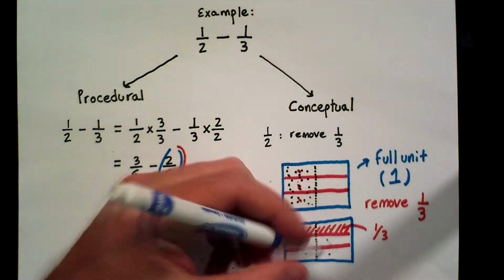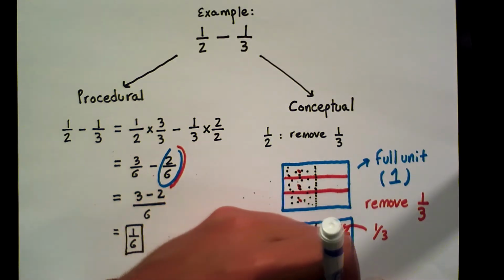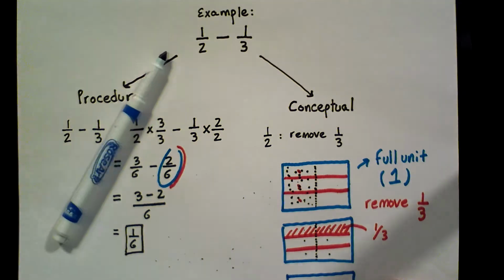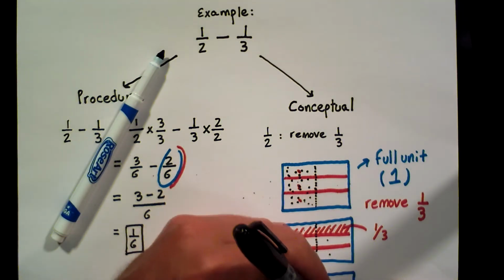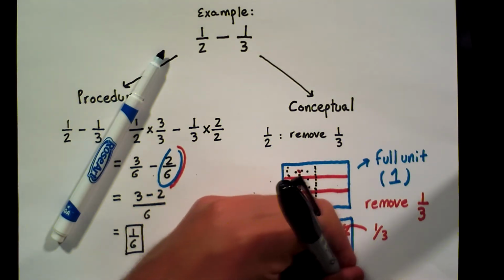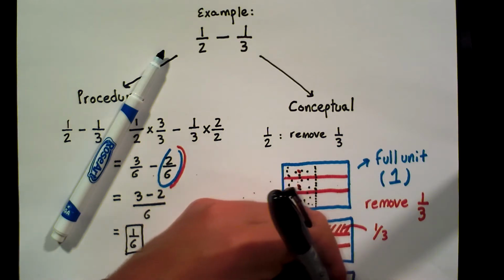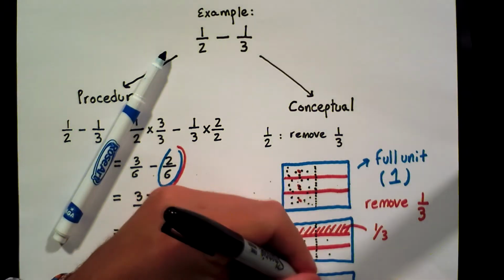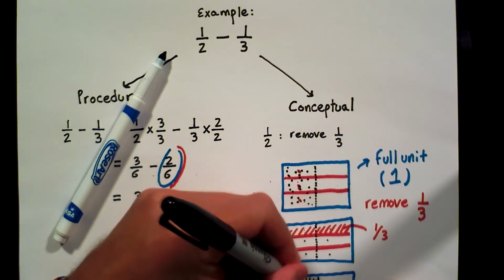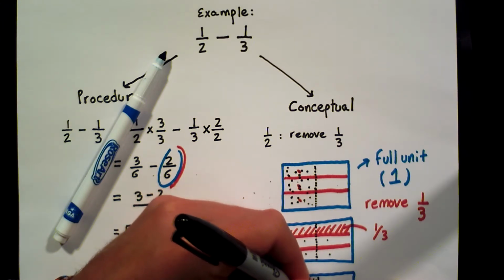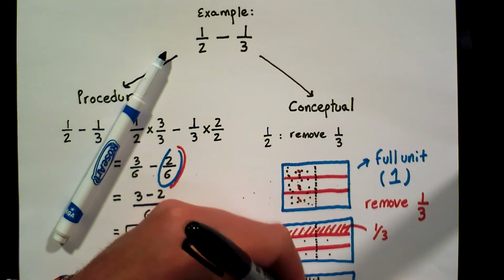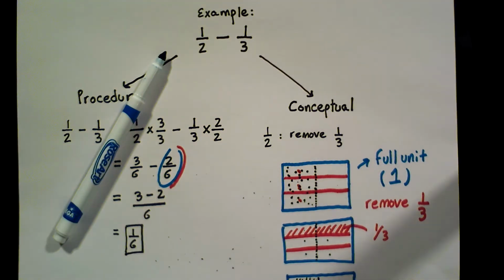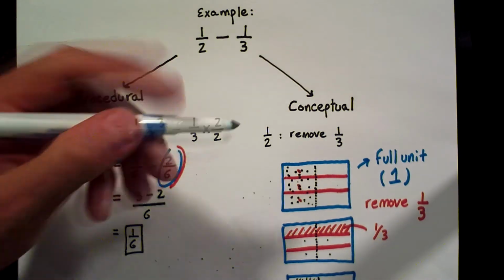So let's draw a last picture in which I had 1/2, which were these 3 pieces, and then I am removing 1/3, which in my new language of 6ths is just 2 of these pieces.